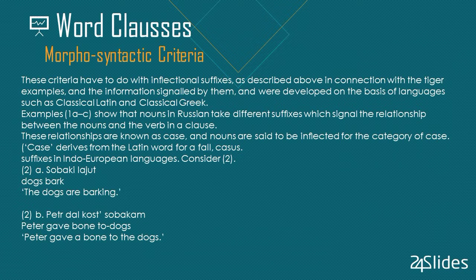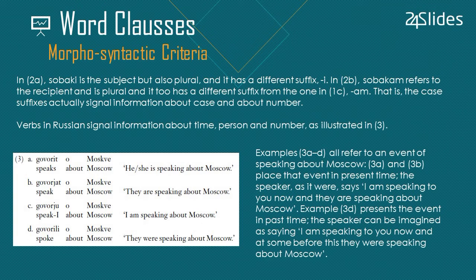Consider 2a: Sobaki layut, dogs bark, the dogs are barking. 2b: Peter dal kost sobakam, Peter gave bone to dogs, Peter gave a bone to the dogs. In 2a, sobaki is the subject but also plural, and it has a different suffix.